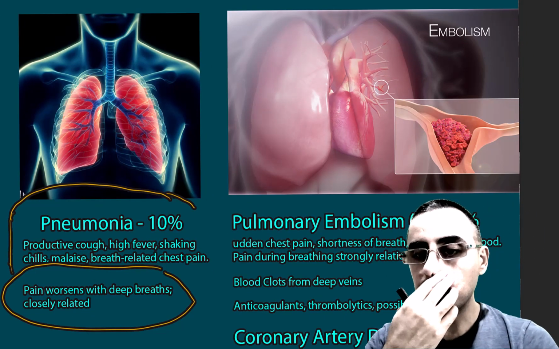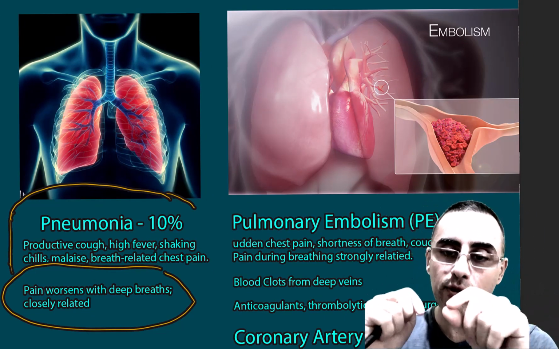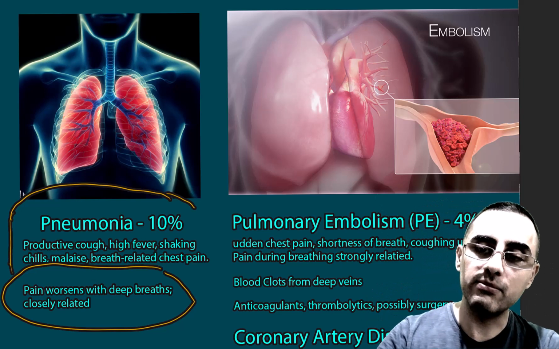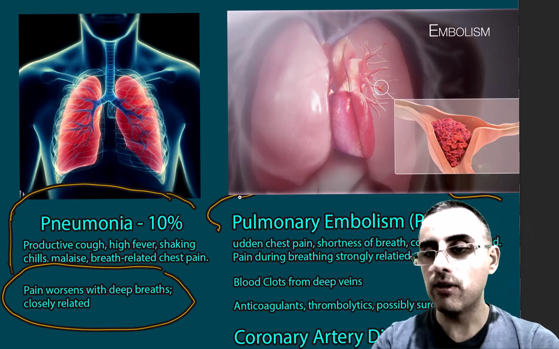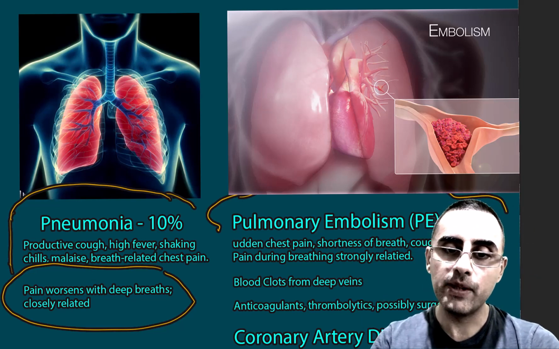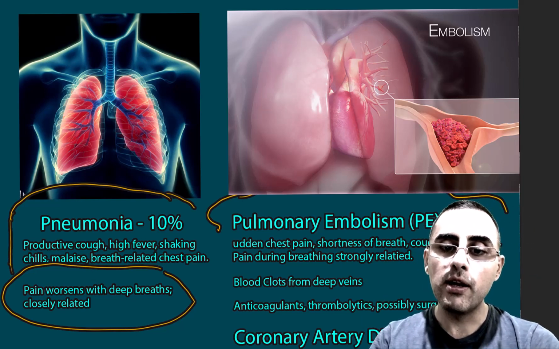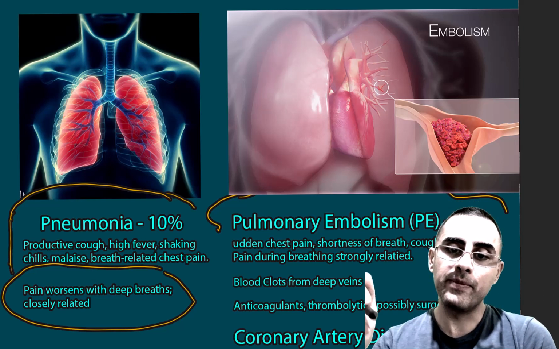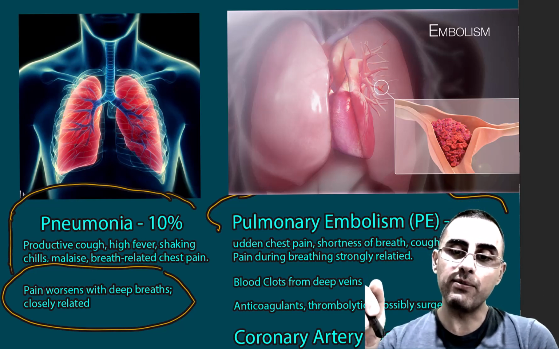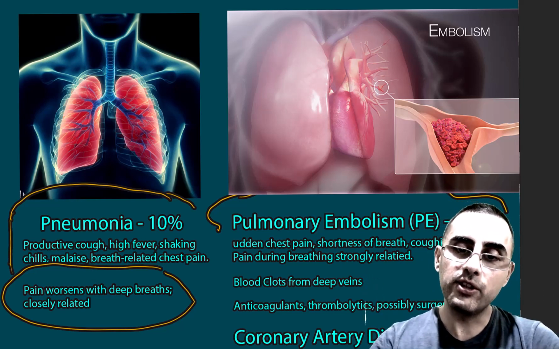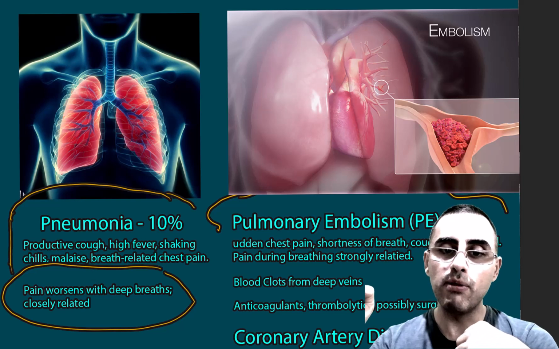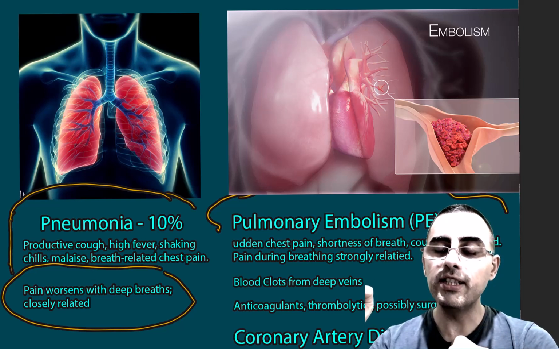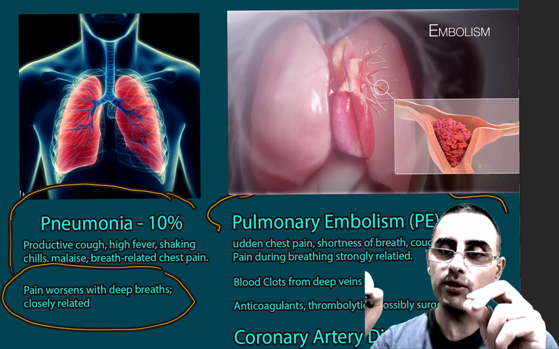Another cause, not common but a very important one, is pulmonary embolism. Pulmonary embolism is less common among the healthy population. It's more common in those who have deep vein problems, and trauma to a deep vein can cause pulmonary embolism. It is characterized by sudden chest pain, shortness of breath, and coughing up blood. Pain during breathing is strongly related here also.